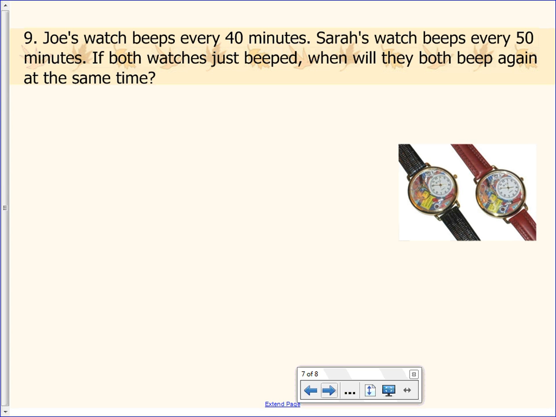Number 9, Joe's watch beeps every 40 minutes. Sarah's watch beeps every 50 minutes. If both watches just beeped, when will they both beep again at the same time? We are going to do the least common multiple for each one. Go ahead and do your trees.